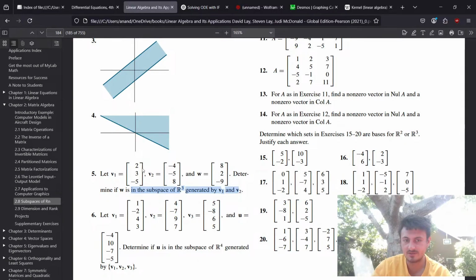So we have V1 is equal to 2, 3, minus 5, and V2 is equal to -4, -5, and 8. I mean, asking whether or not it's in the subspace is just a matter of reducing its augmented matrix, right?